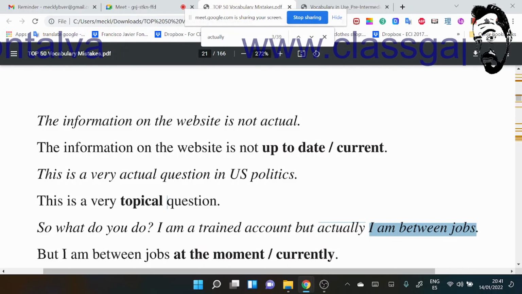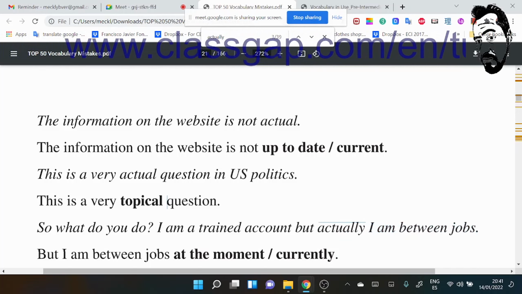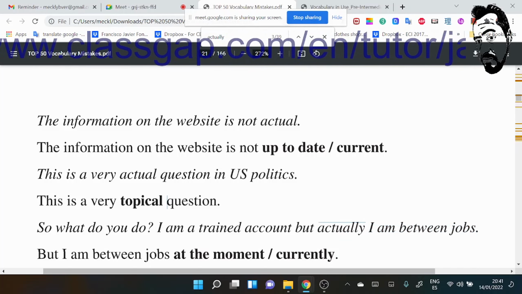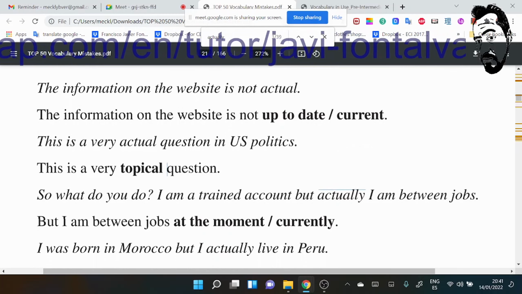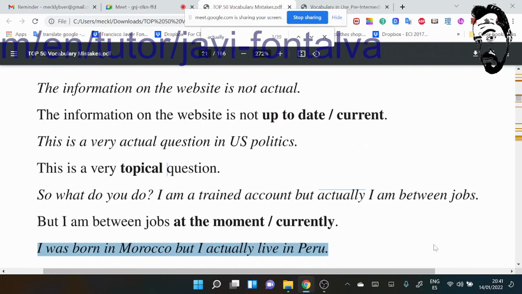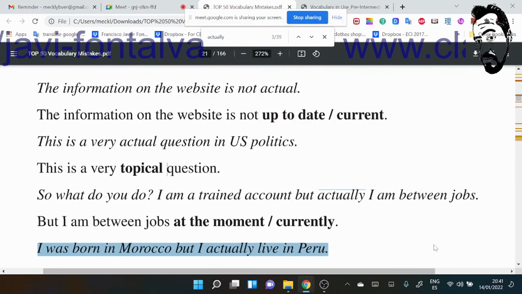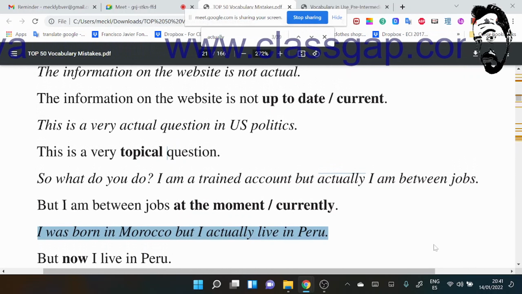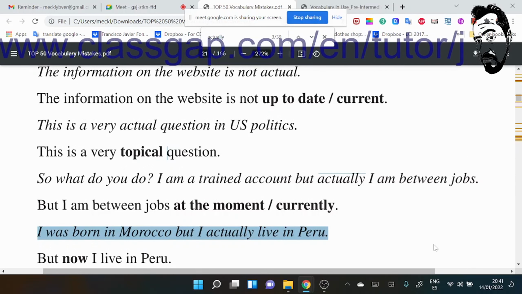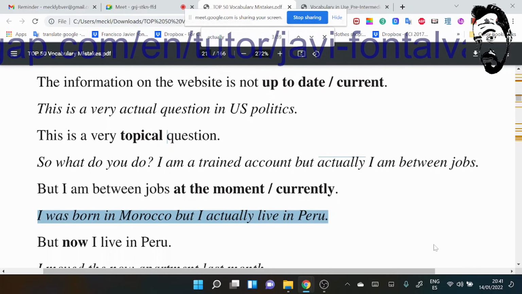I am between jobs is like saying I don't have a job. Okay? ¿En paro? Yeah. Between jobs, entre trabajo. Yeah, literally. I was born in Morocco, but I actually live in Peru. Nope. Again. But now I live in Peru, or at the moment I live in Peru, or currently I live in Peru. Not actually. Actually is another thing.